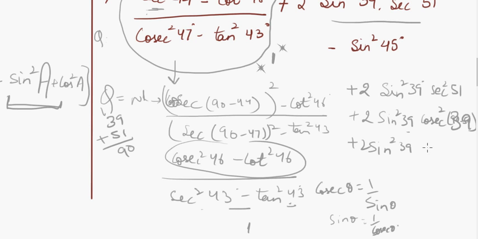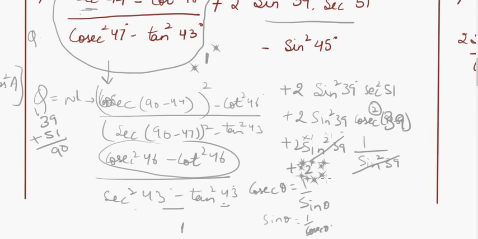So this will become 1 over sine 39. Since here it is square, so here it will also be square. So this sine square 39 cancels this sine square 39, and we are left with only 2 into 1 into 1, that is 2.